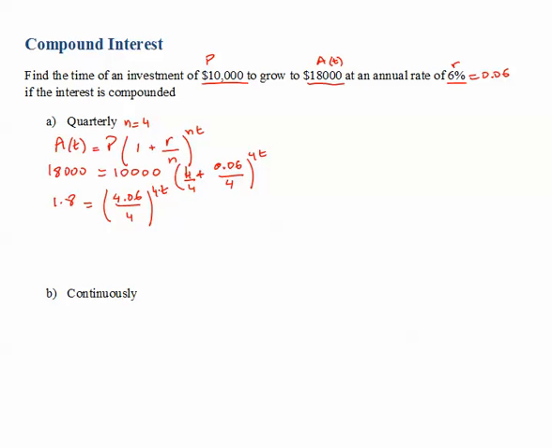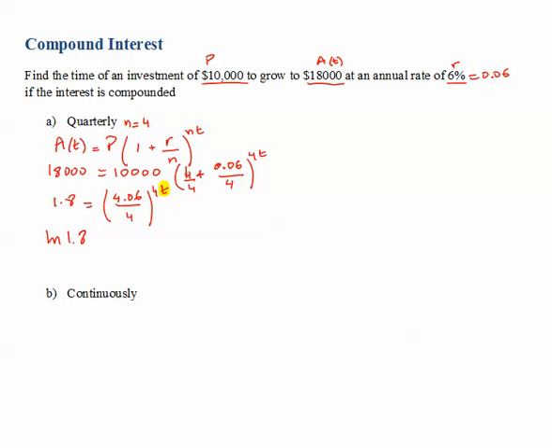Now to solve this exponential equation, what we're looking for is the time t. Since the variable is in the exponent, we're going to use either natural log or log base 10. So I'm going to use ln.